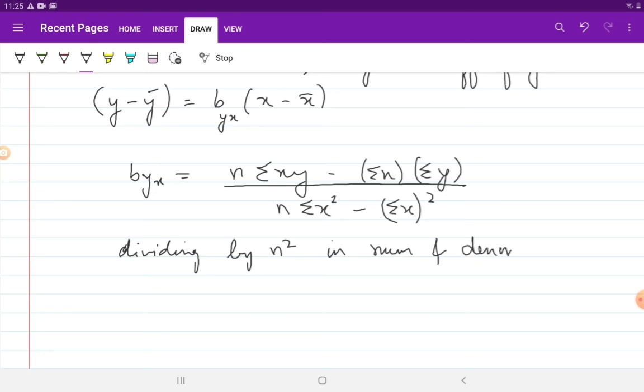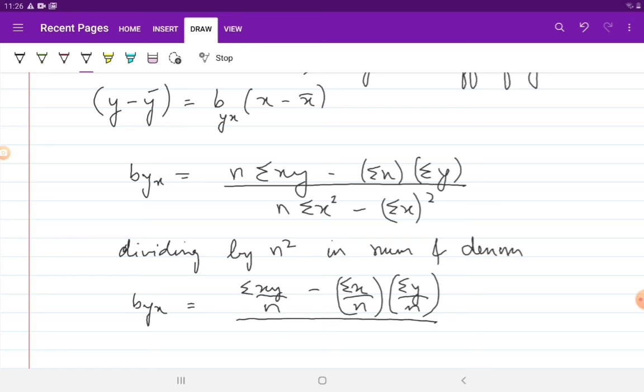Okay, I'm not writing that whole. What you will get is byx can be written as summation xy by n minus summation x by n into summation y by n. Similarly, this can be written as summation x square by n minus summation x by n the whole square.